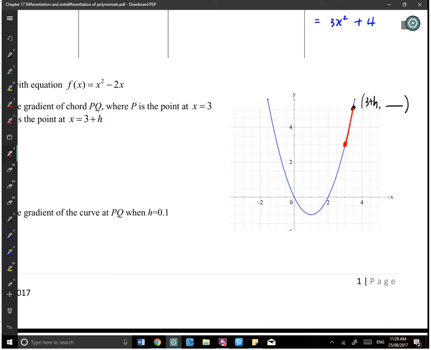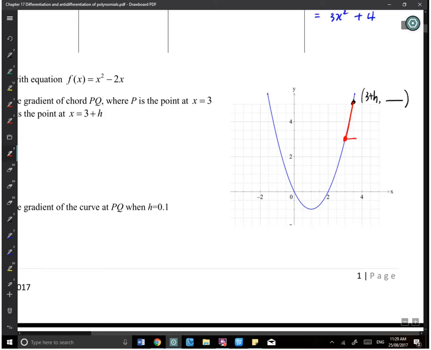So again, it's y2 minus y1 over x2 minus x1. Even though that's a really small right angle triangle, it's still y2 minus y1 over x2 minus x1.